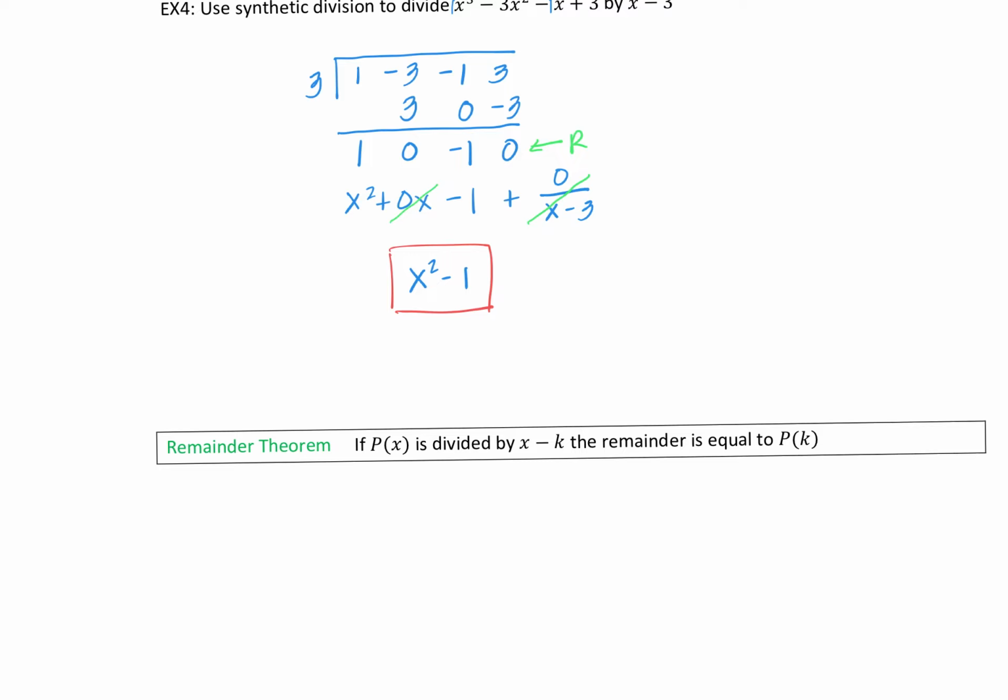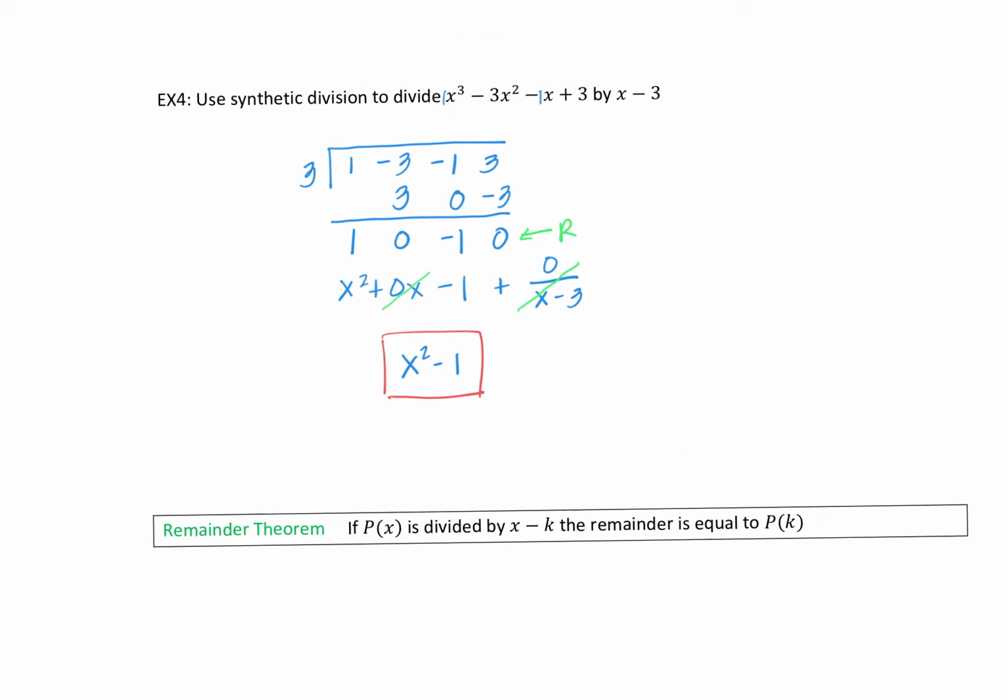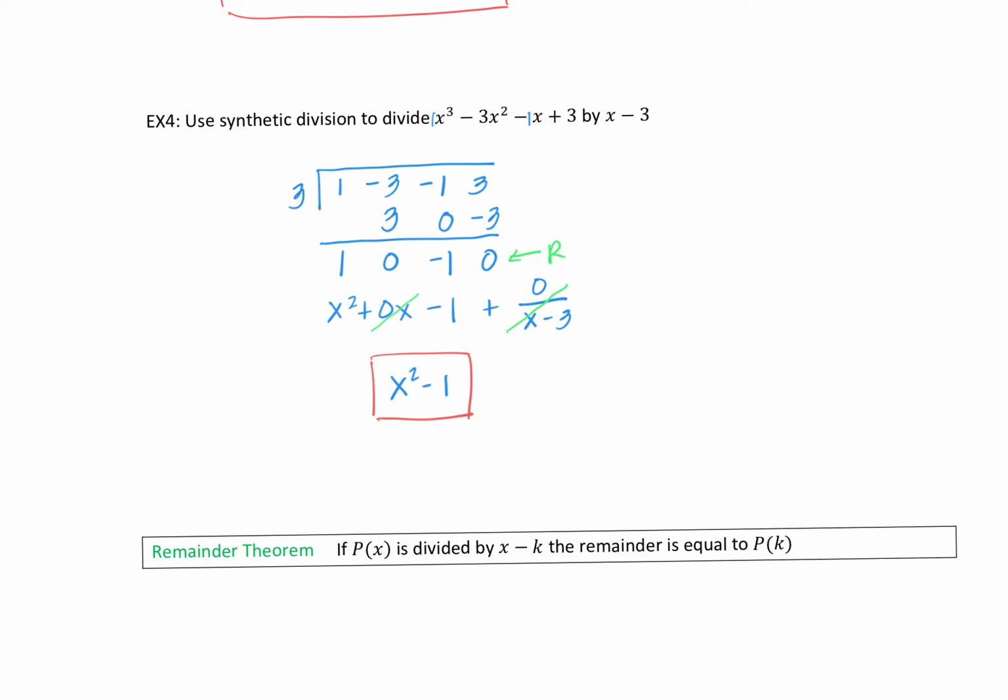We're going to next go into some really nice theorems, but what I wanted to bring your attention to is an example of what we actually did.